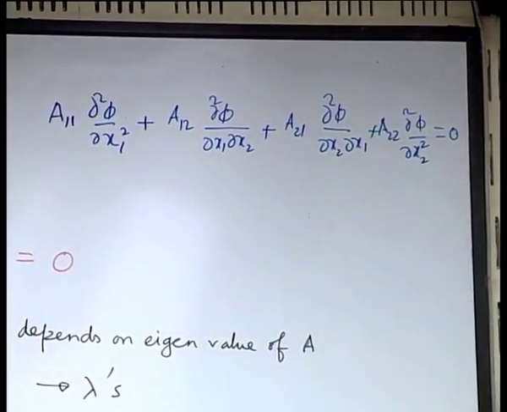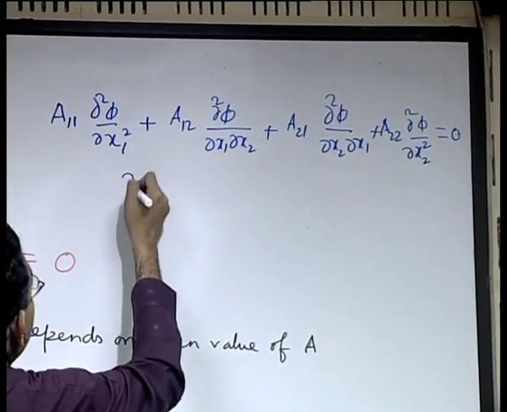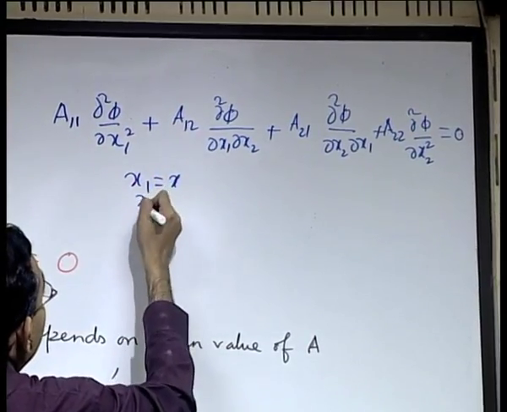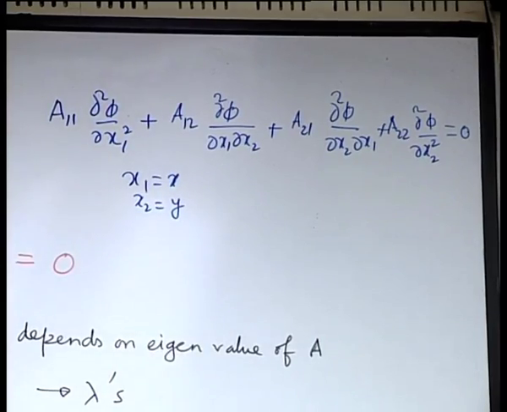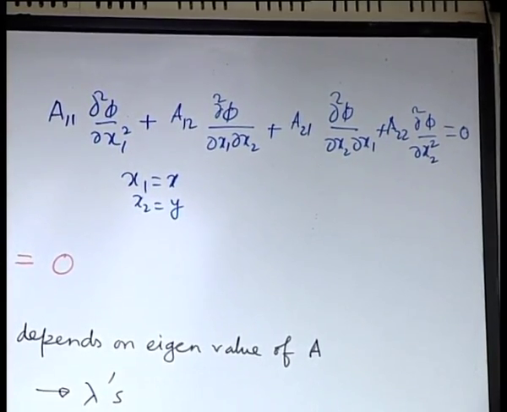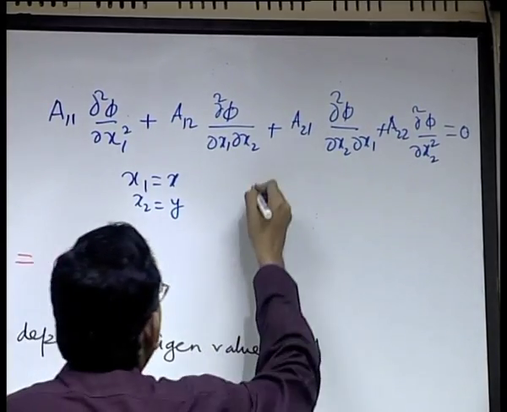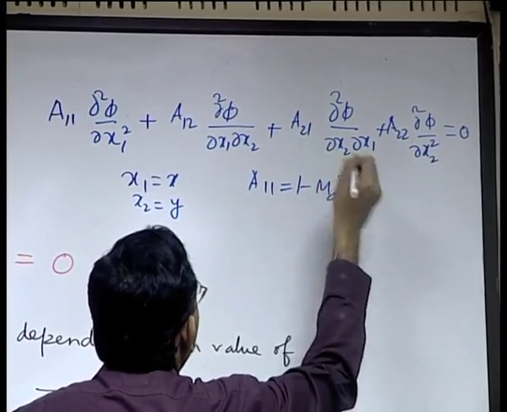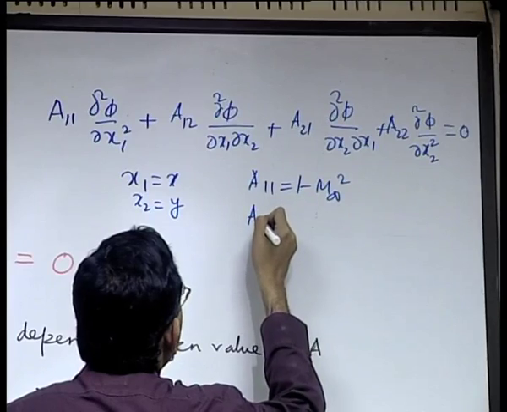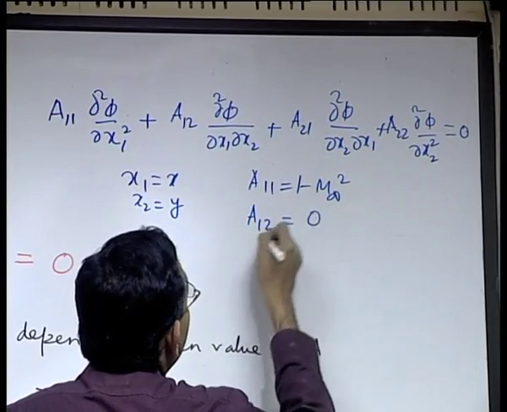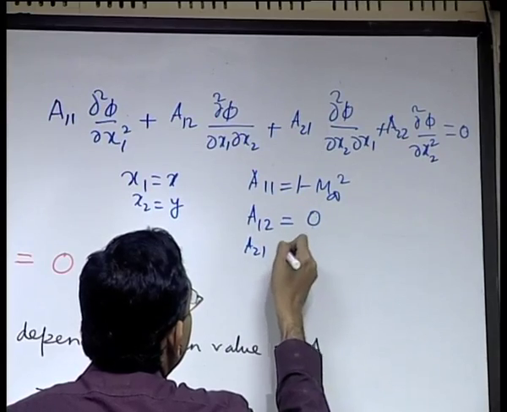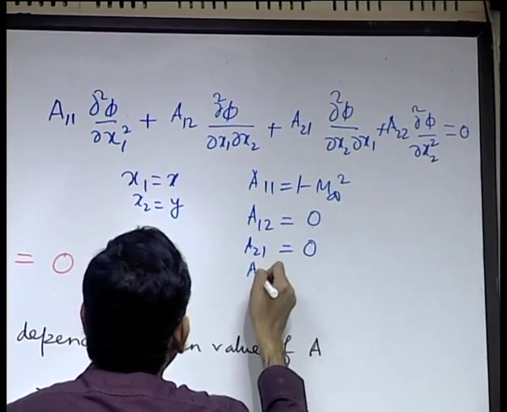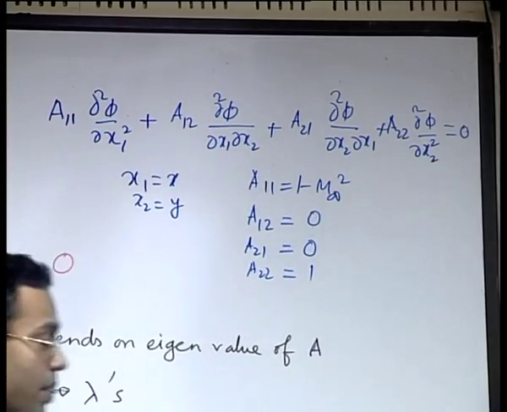This is the particular form where x1 is x and x2 is y. So let us identify the values of the coefficients. What is A11? 1 minus M infinity square. What is A12? 0. What is A21? 0, and A22? 1.